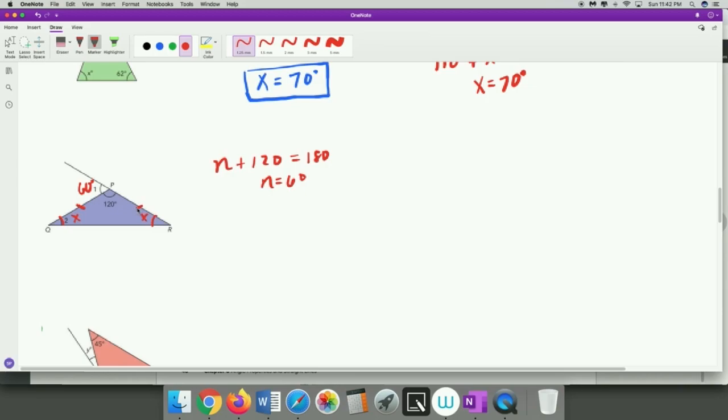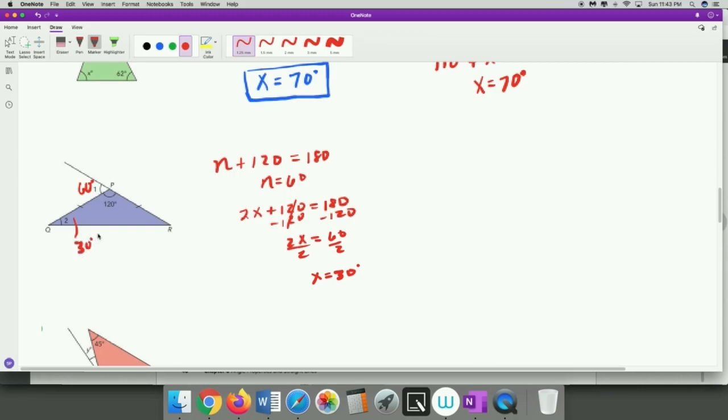That means these two sides are the same, so these two angles are the same. So we could say that 2x plus 120 has to equal 180, because those are the three interior angles. If I subtract the 120 from both sides, I'm left with 2x equals 60. Divide both sides by 2, so x would have to be 30 degrees. So this one is 30.